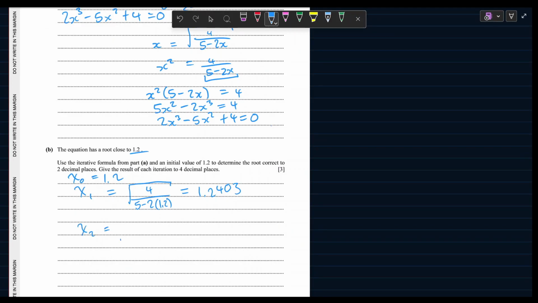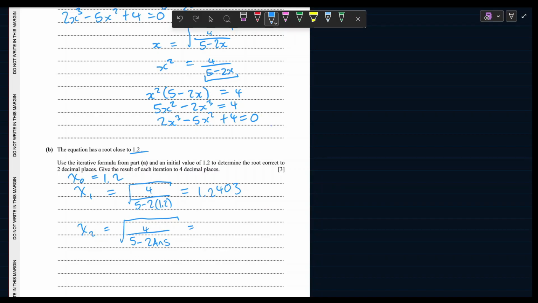Okay. And let's move on to the next iteration, x2. So that's going to be the square root of 4 over 5 minus 2. And here I'm going to use a function on your calculator, which is the answer function, usually written ANS, which stores the result of the previous calculation. So I will replace the 1.2 with ANS, and then I press equals.